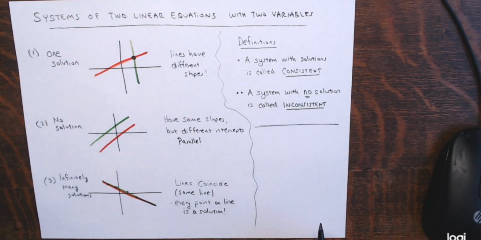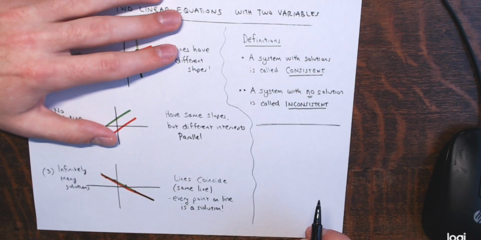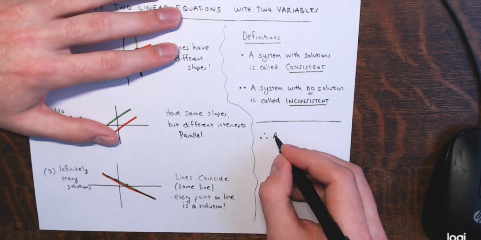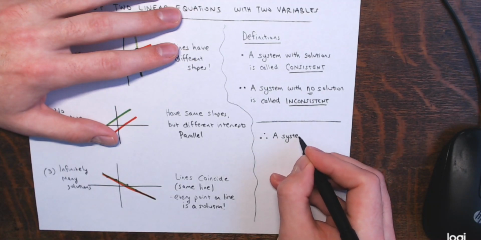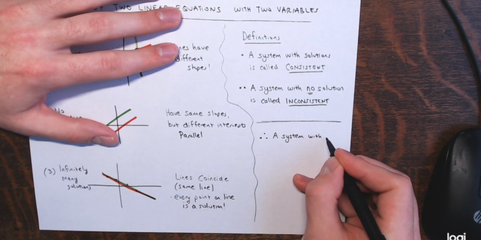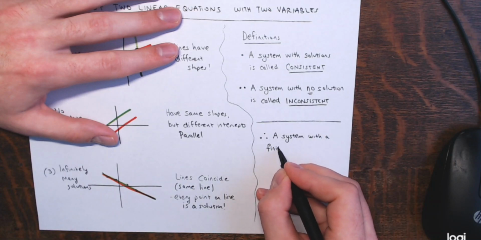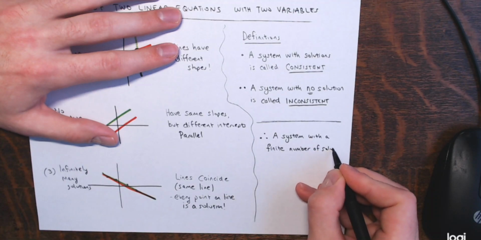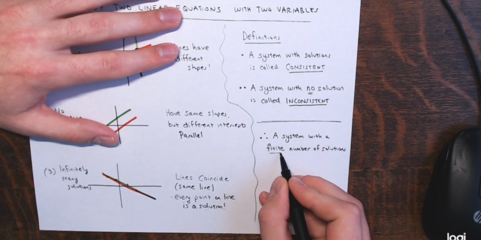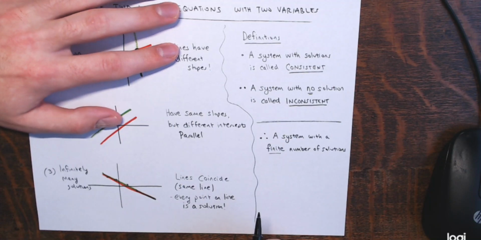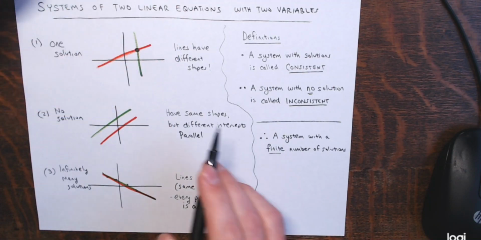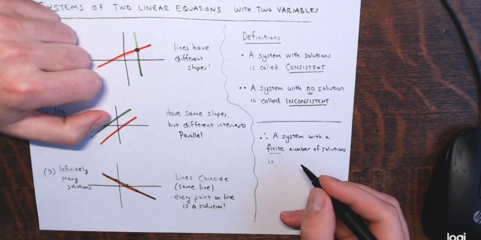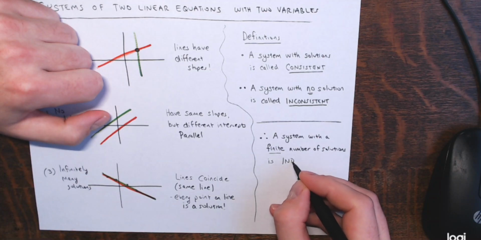Right. And then the words you saw on the problem just now, this number 3, a system with a finite number of solutions. Finite, not infinite. Right? So just one solution, like this here. So this is the system with just one solution. This is called an independent system, or is just independent.